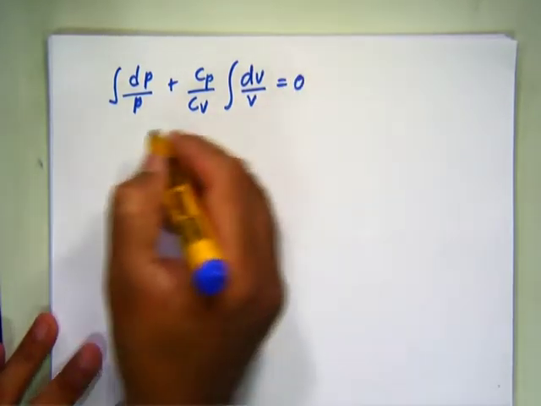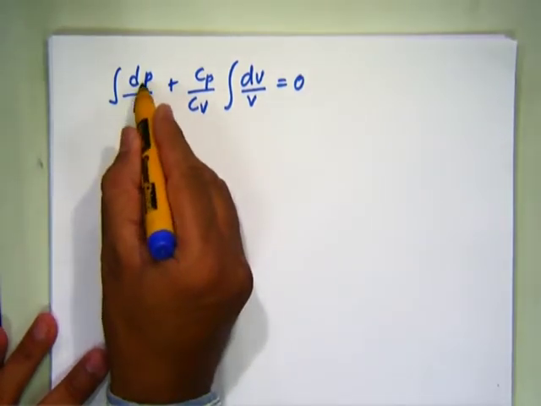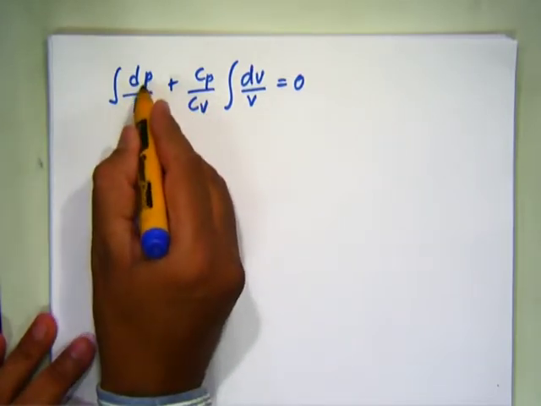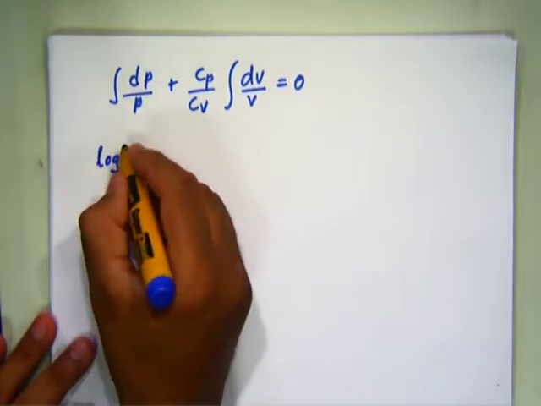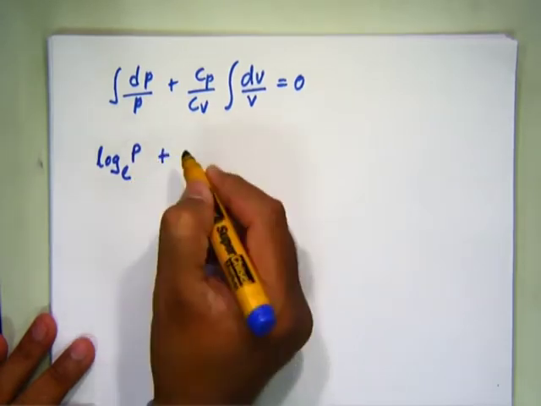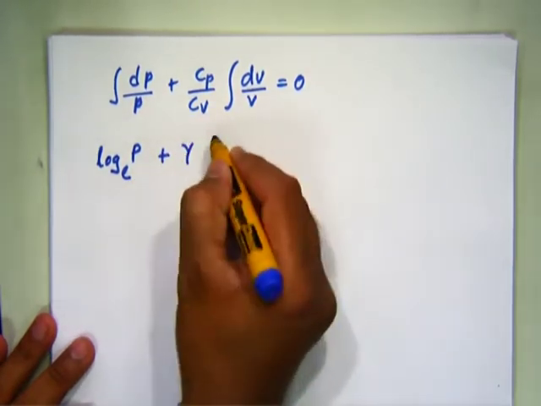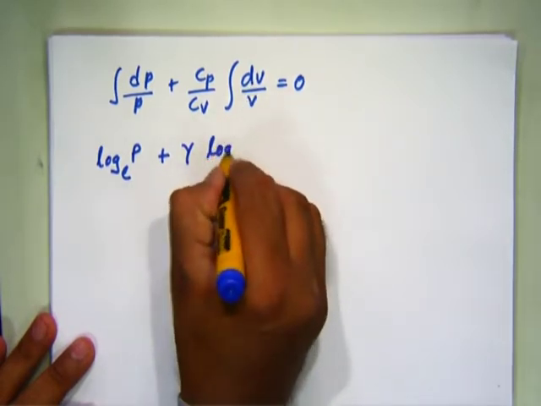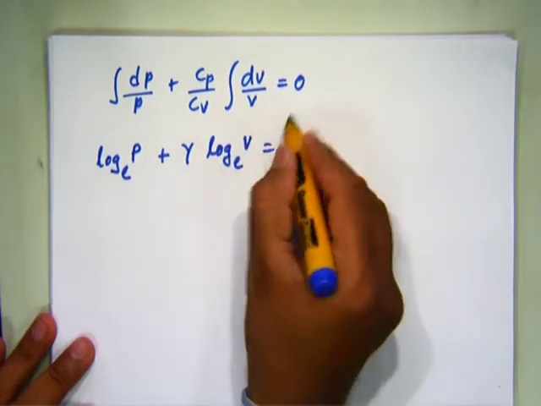The integral of 1 upon x dx gives you log x. So integral of 1 upon P dP is nothing but log P to the base e, and Cp by Cv is gamma, again it is log V to the base e.